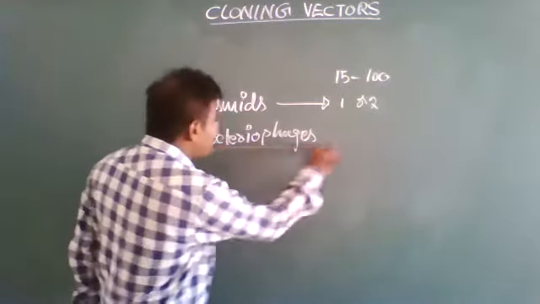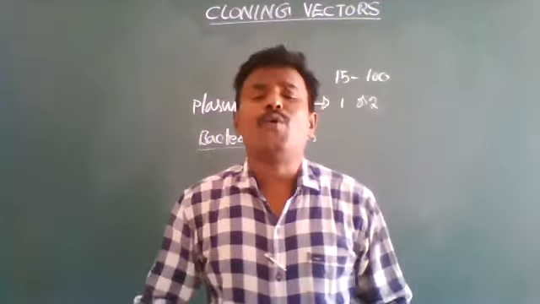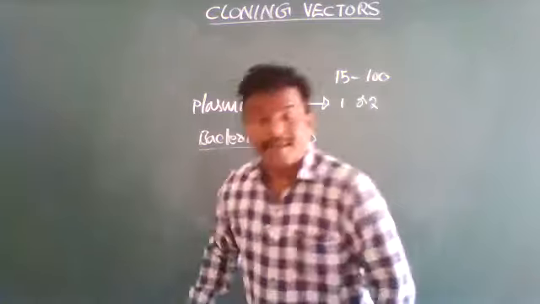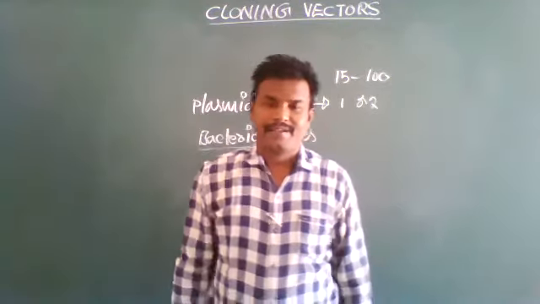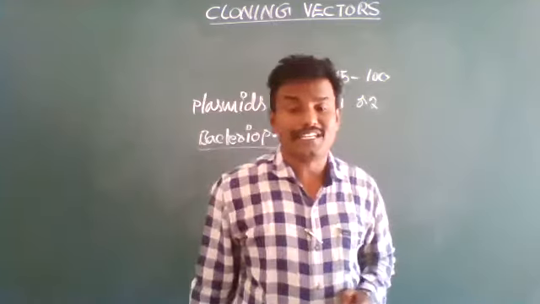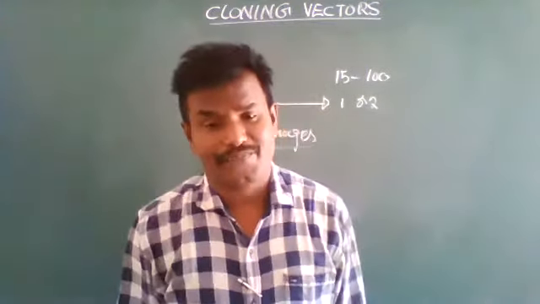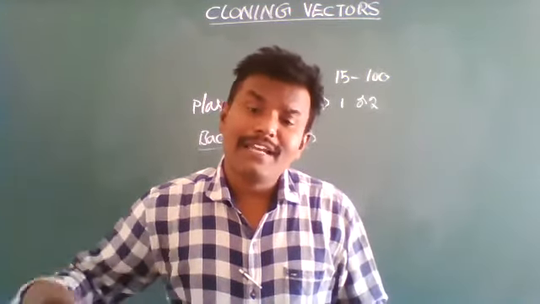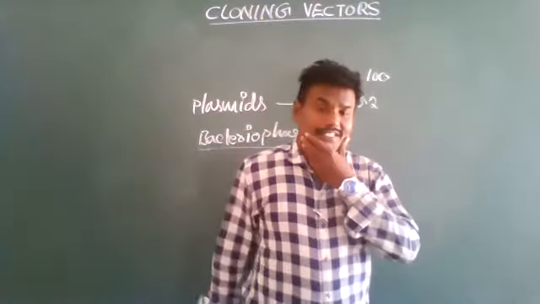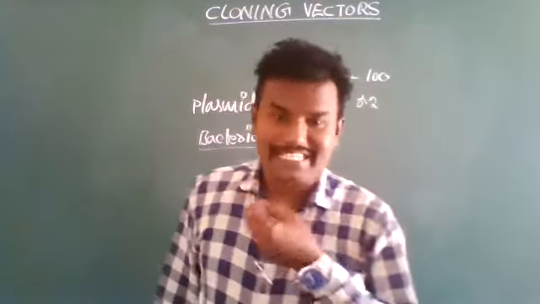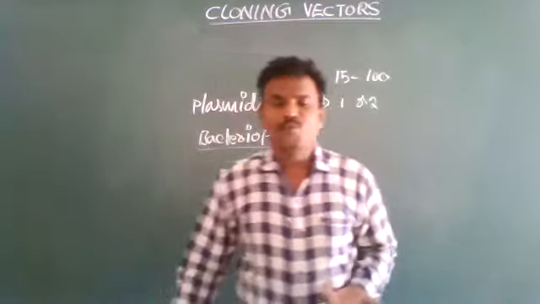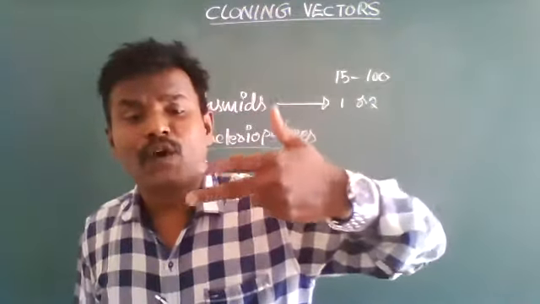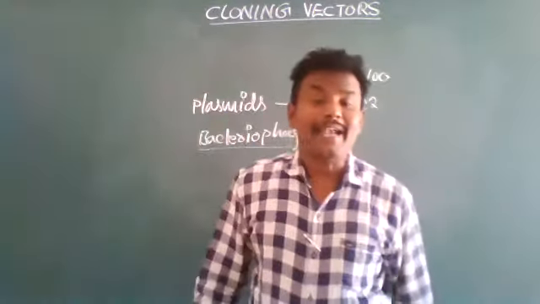But bacteriophages have more and more copies per cell. In each and every cell, bacteriophages contain a number of genes, and they multiply themselves. We already discussed that bacteriophages attack bacteria and produce a number of new bacteriophages. When a number of bacteriophages are formed, they break down the bacterial cell and are expelled out.